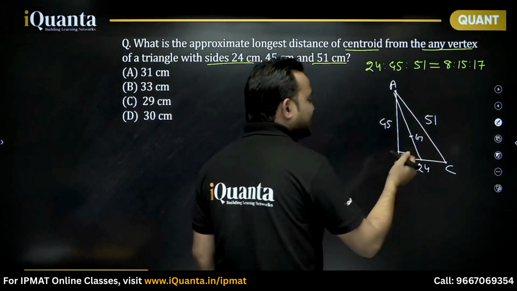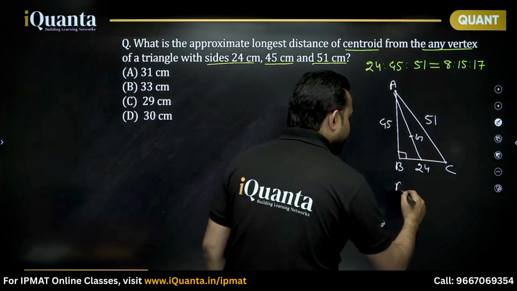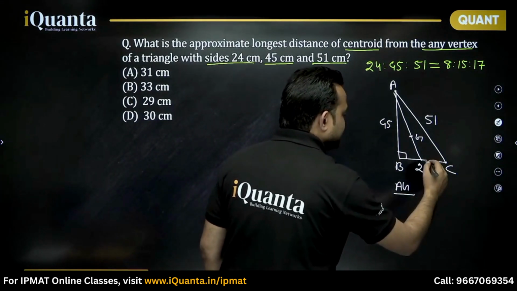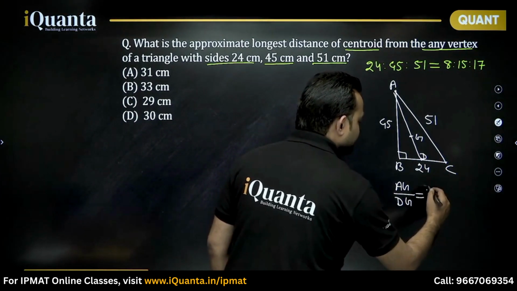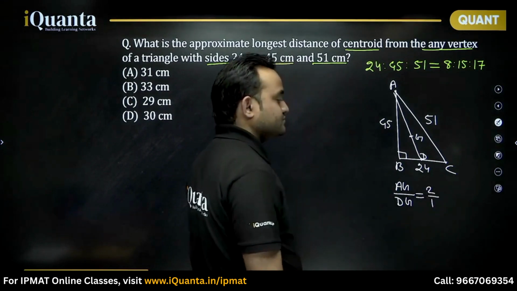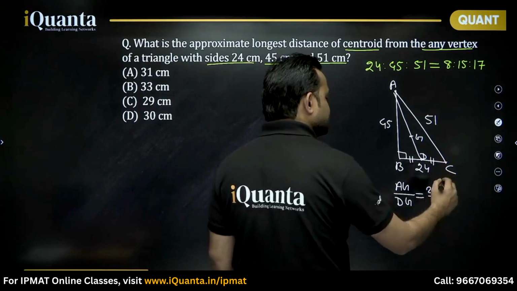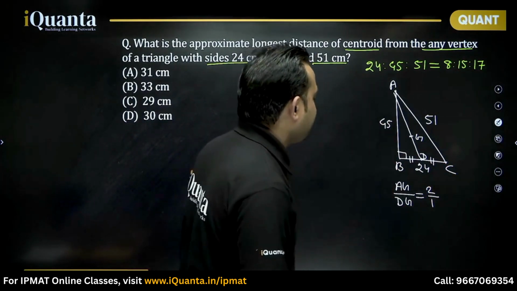AG. We need to find the length of AG, and a centroid divides a median in the ratio 2:1. If this point is D, AG upon DG will be equal to 2/1, right? And as BD is equal to DC, we can say BD will be equal to 12. So from there we can find the length of AD.